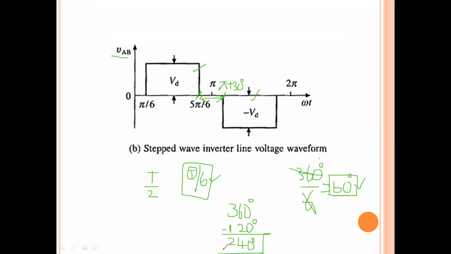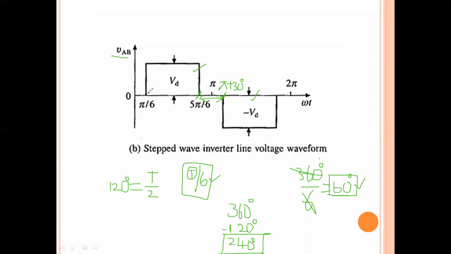During this 240 degrees, we need to generate 2 square pulses. So 240 by 2 gives 120 degrees. So 120 degrees will be the conduction time of the thyristor. That means each square pulse must have a 120 degree time period.